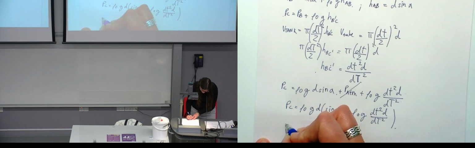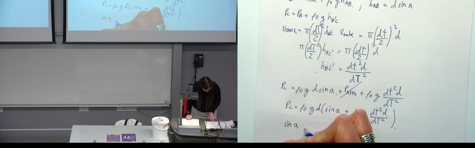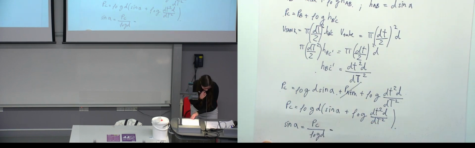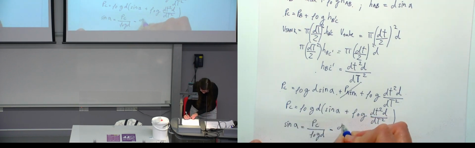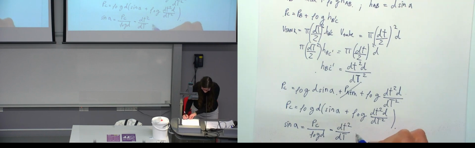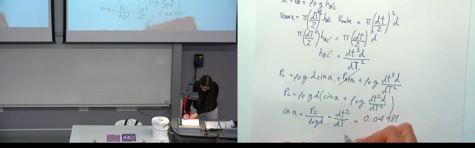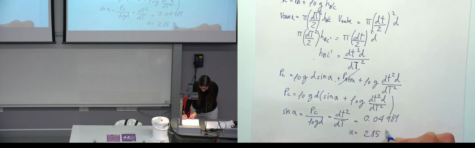So then sine alpha is PC divided by rho oil g d minus dt squared divided by dt squared, and this is 0.04981, and then if you do the arcsine of this, alpha is 2.85 degrees.